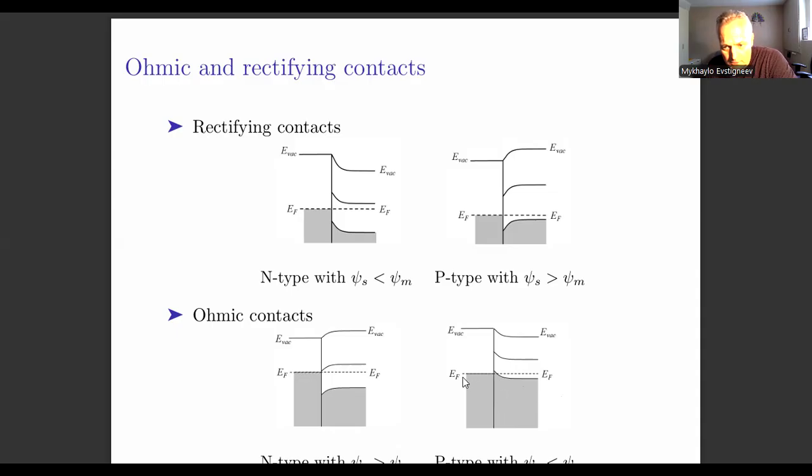So if I apply the positive bias to the metal, I will be attracting the electrons from the valence band into the metal, and the current will be high. If I am applying a negative bias to the metal, then I will be pushing the electrons from the metal into the semiconductor. The current will be high. So this will be ohmic contact.